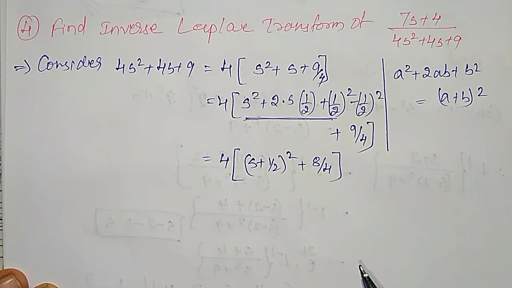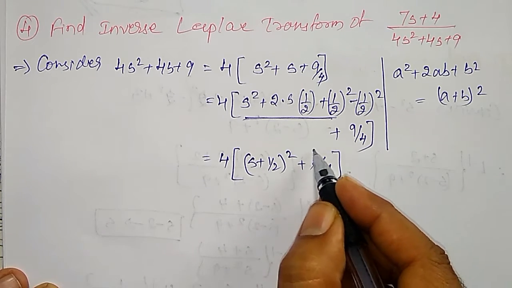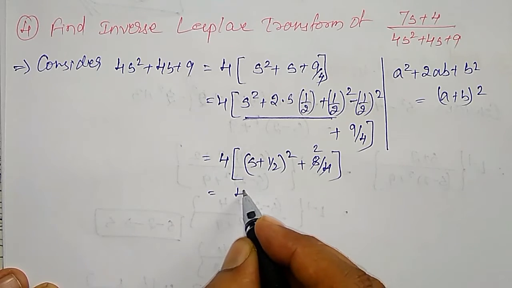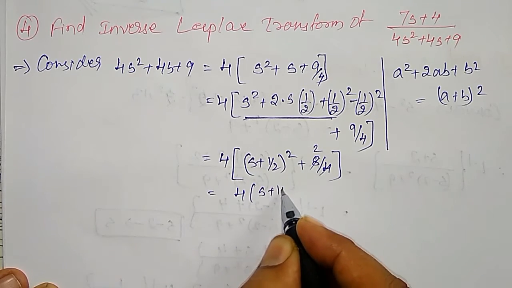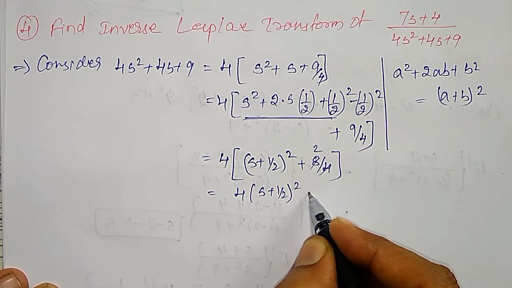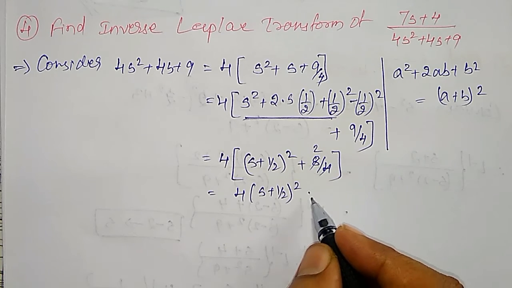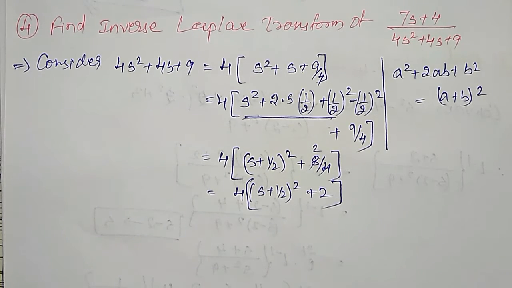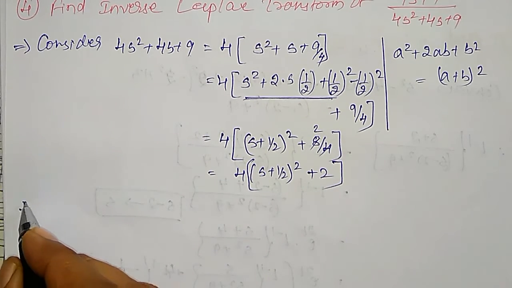It will cancel, correct, that is nothing but 4 times s plus 1 by 2 the whole square plus 2. I will write it as it is. This is the denominator.